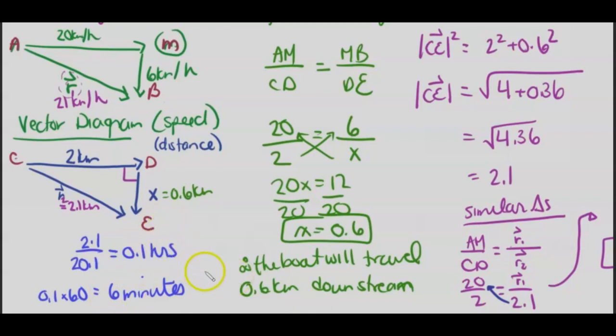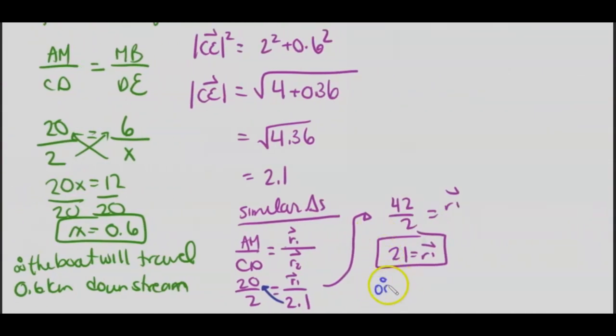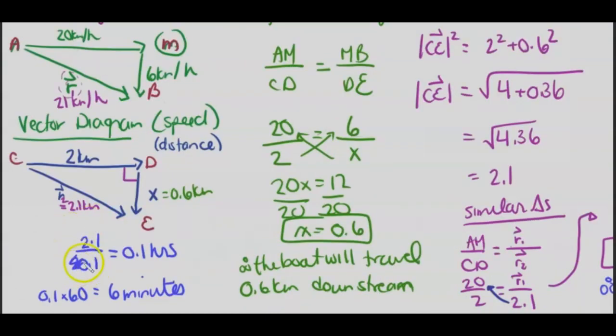So we can say, therefore, Anna will take 6 minutes to cross to the other side. Sorry, this is divided by 21, and then we get 0.1.